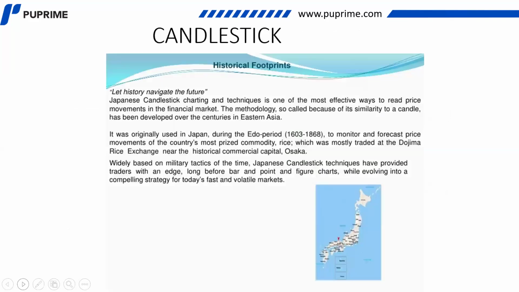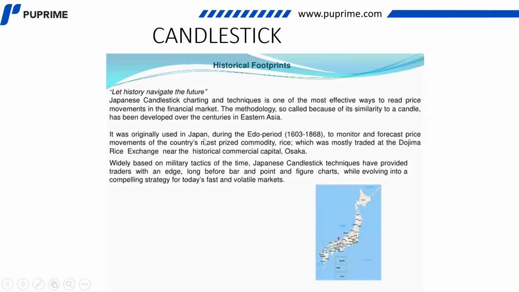So what is the candlestick, the historical footprint? Japanese candlestick charting and technique is one of the most effective ways to read price movements in financial markets. The methodology is so-called because of its similarity to a candle and has been developed over the centuries in Eastern Asia.